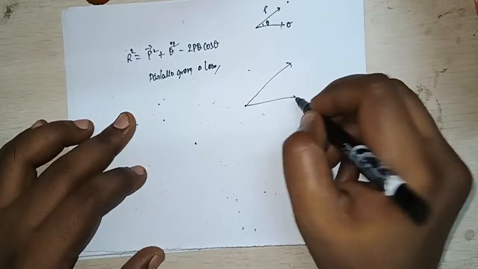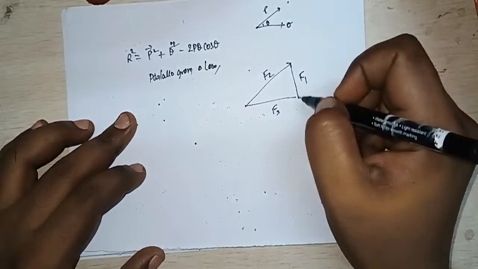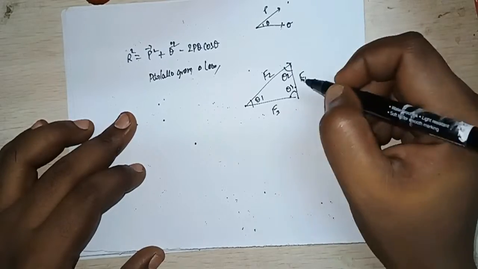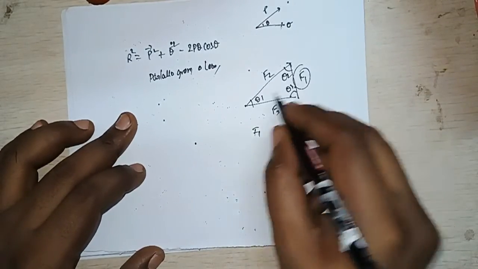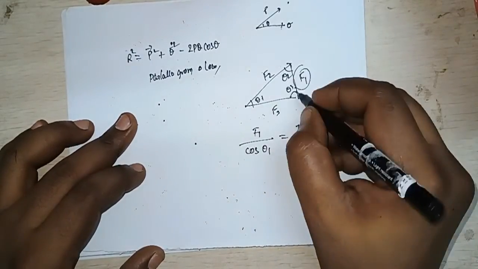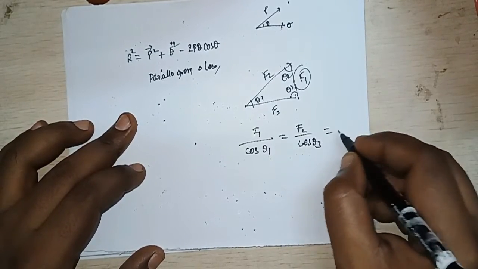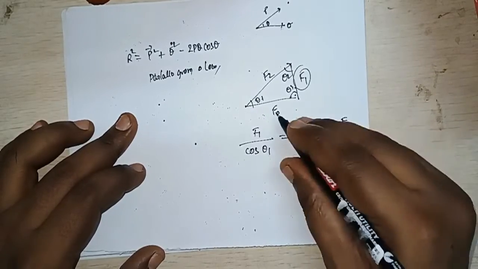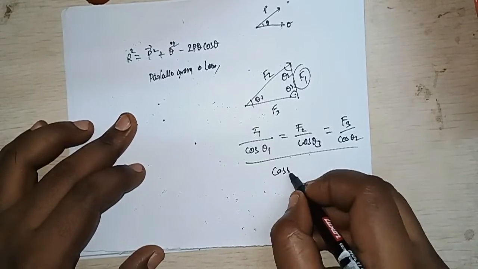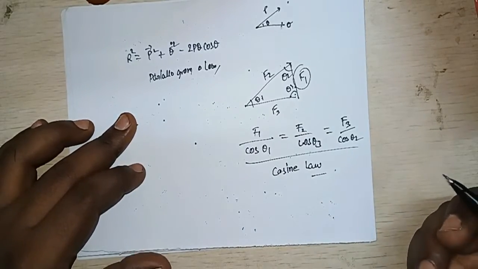If the forces are like this, F1, F2, and this is F3, and this is theta 1, this is theta 2, this is theta 3, then F1 and the opposite is theta 1, F2 opposite is theta 3, F3 opposite is theta 2. This is another law, the cosine law.